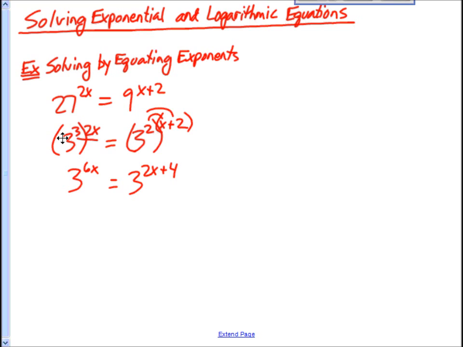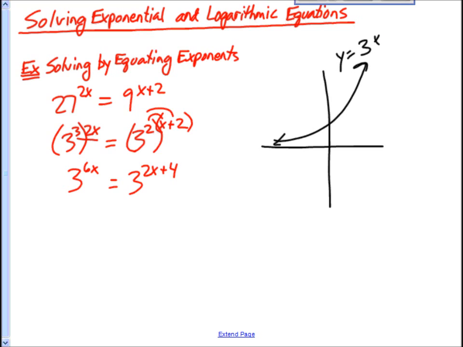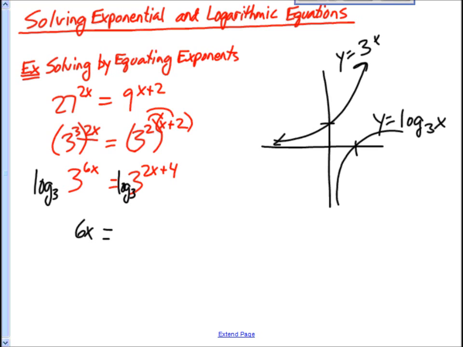Or you can say to yourself, how do I undo 3 to the x? And the inverse of 3 to the x would be log base 3 of x, right? So to undo 3 to the x, you could take log base 3 of both sides here, because log base 3 of 3 to the 6x is 6x, and log base 3 of 3 to the 2x plus 4 is 2x plus 4.